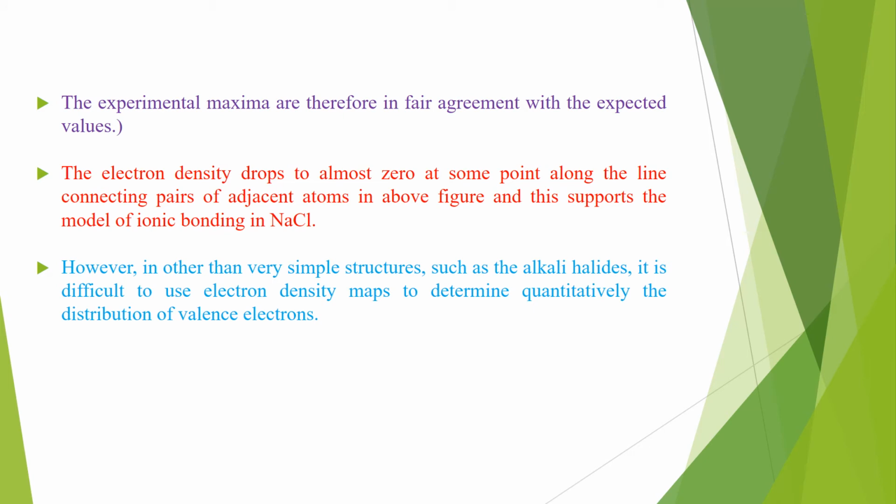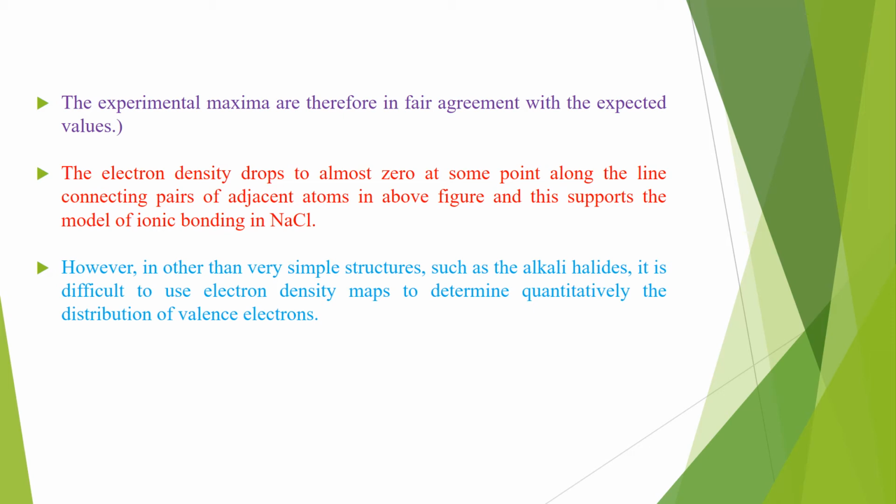The experimental maxima are therefore in fair agreement with the expected values, and the electron density map also shows that our mental picture of an atom as a sphere is essentially correct, at least on a time average.